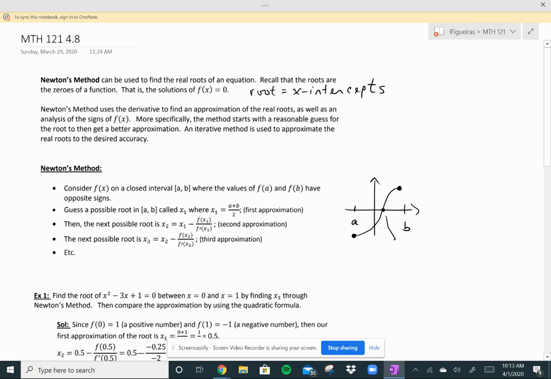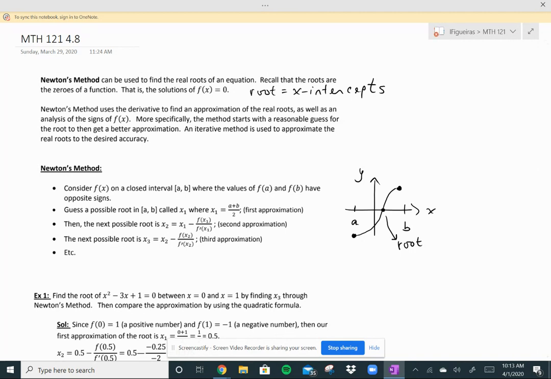This is where it crosses the x-axis. So sometimes those are easy to calculate, but other times not so easy. So that's why Newton's method allows us to get a fairly accurate answer. If it's continuous and f of a and f of b are not opposite signs, then that means it didn't cross the x-axis within that interval.